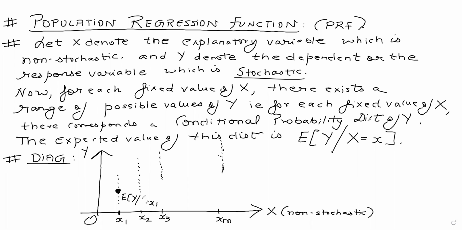I can write it like this. This will be the expected value of Y when X takes the value x2, the average value of Y. This will be the expected value of Y when X takes the value x3, and so on.